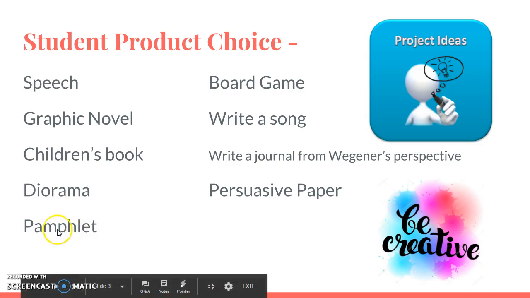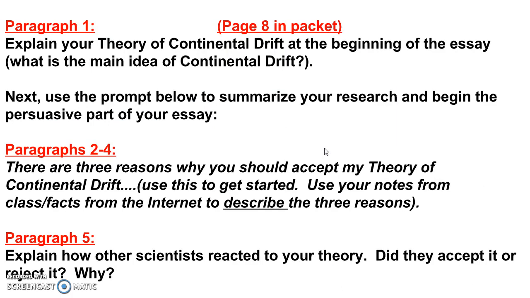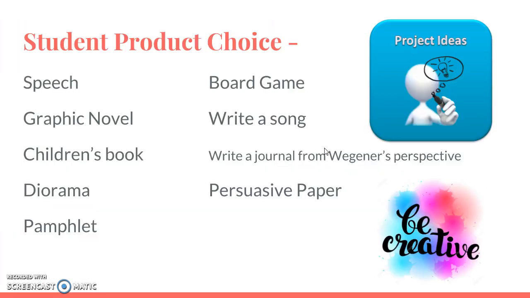Maybe it's an informational pamphlet, a board game, writing a song, or maybe if you really like to write, but you want to be a bit more creative in the writing, you could pretend to be Alfred Wegener and write various journal entries showing your new idea and walking through day to day as you're discovering these new pieces of evidence, and you can almost keep a personal journal. So these are all different ideas.